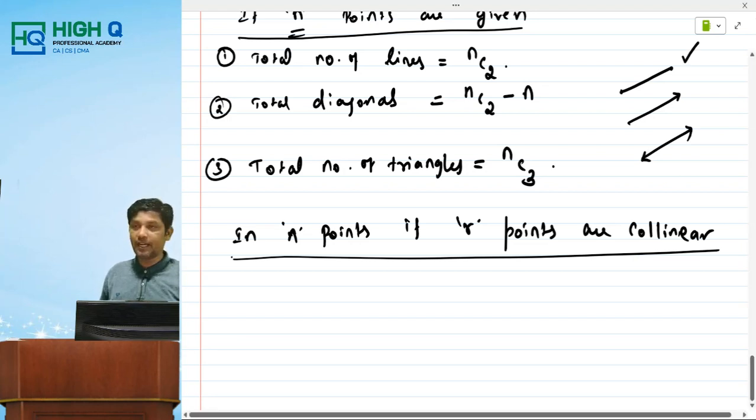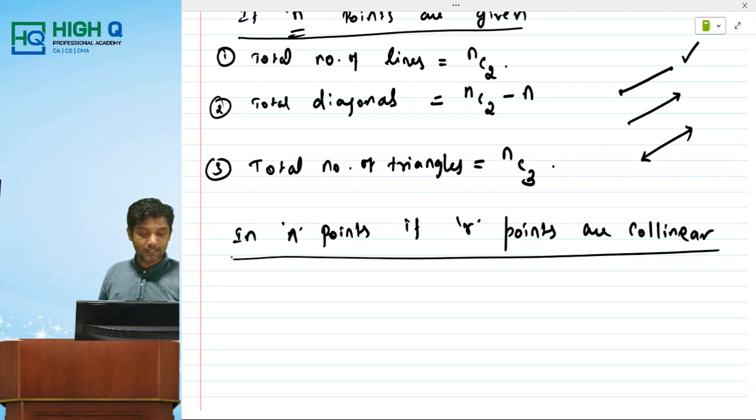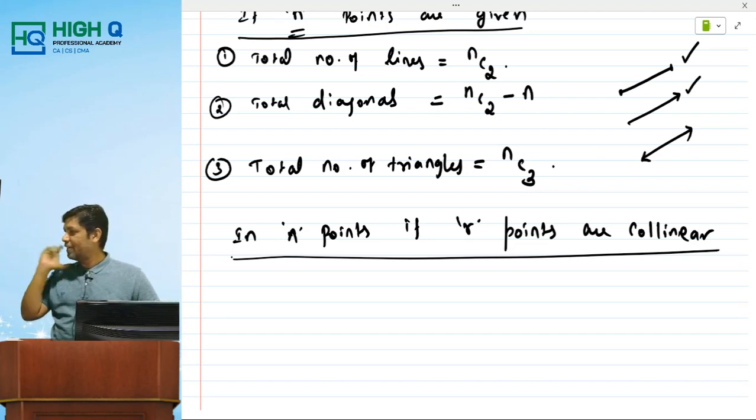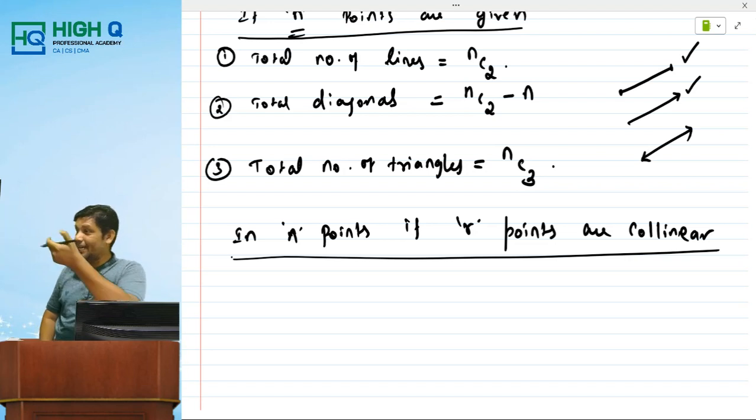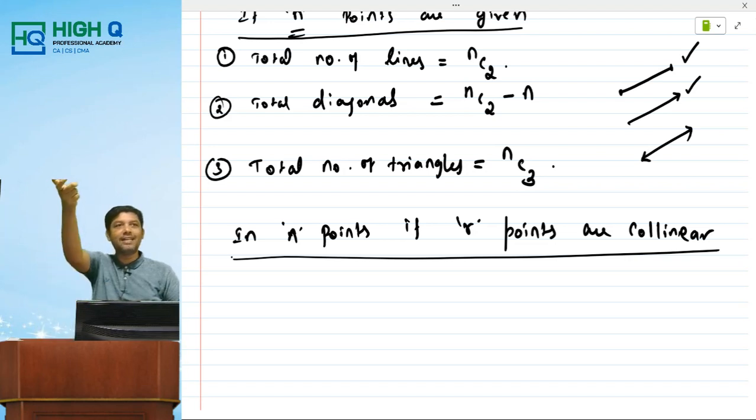This is called a segment, because there is a start and an end. We can measure the segment with a scale. This is called a ray. We know where it starts, but I don't know where it ends. You studied rays in science too. There is a source, but we don't know the destination.